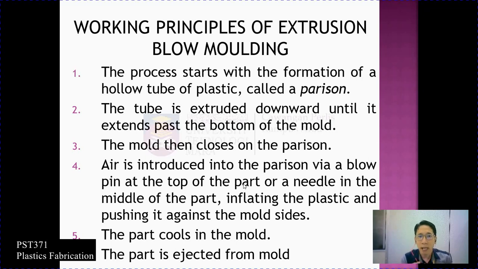So as you close the mold, you seal the extruded part, and then you introduce air either onto the top of the extruded part or by injecting a needle to push the molten plastic against the mold side so that it can blow and take the shape of the cavity.